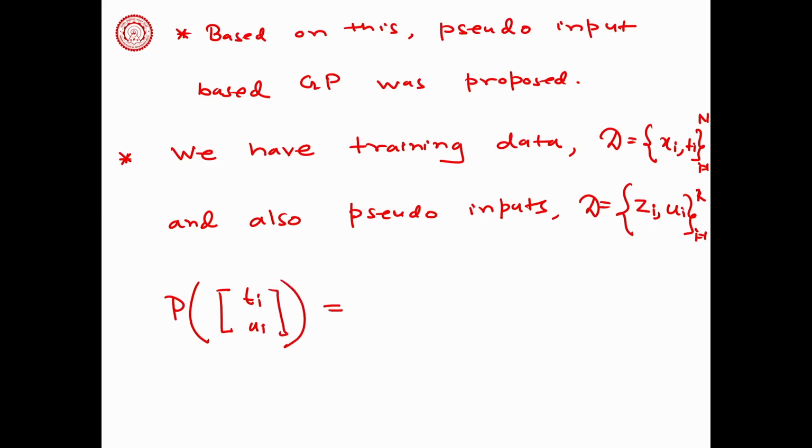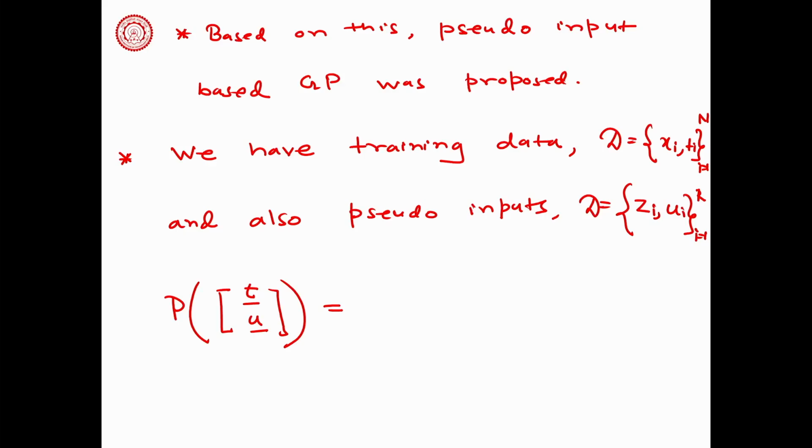What will be this distribution, given that these are from a GP?